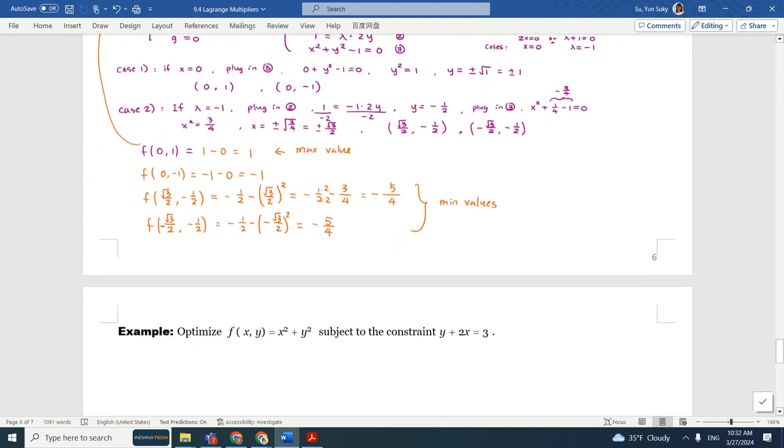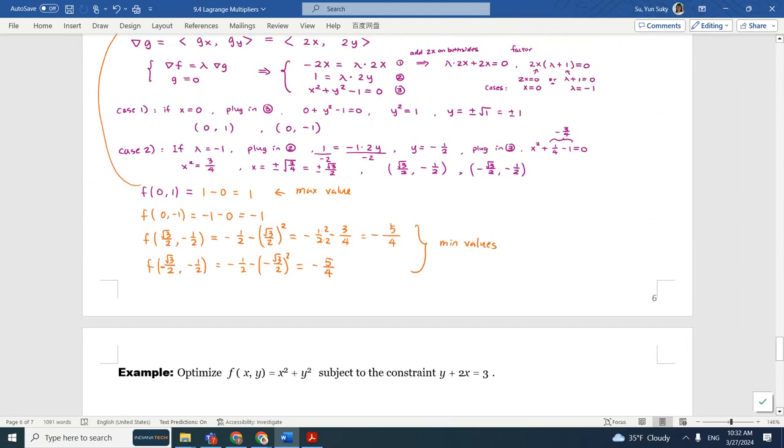You solve the system, and then you plug the solutions into f to find the maximum and minimum values. Another question is, if you only have 1 point, then how do you know this is a max or min? Pick any other point on the constraint and plug into f to see if that number is bigger or smaller than your solution, to see whether it's a max or min.